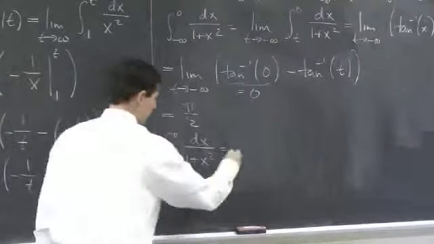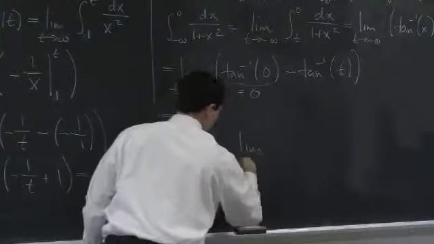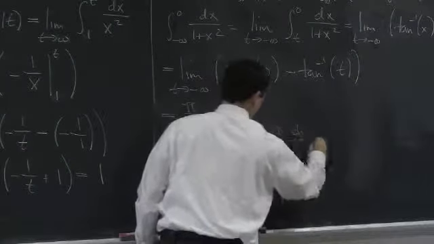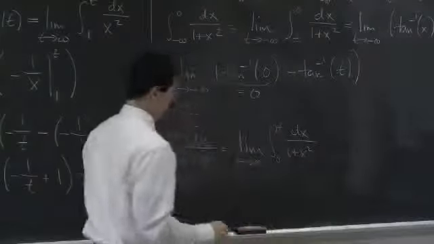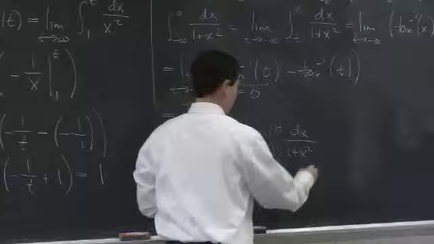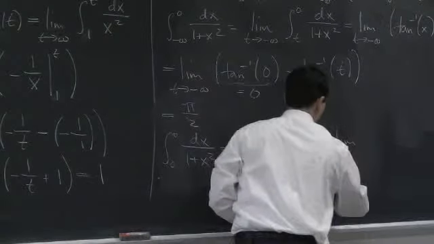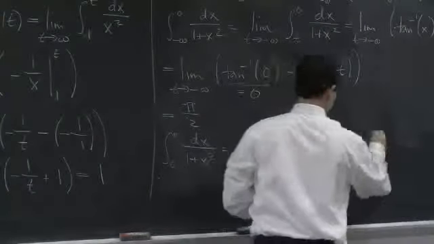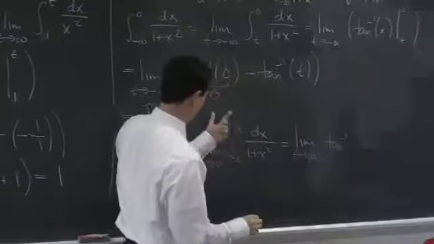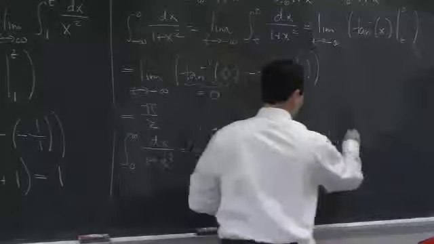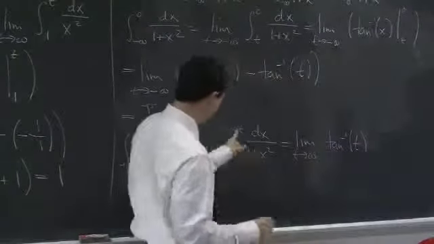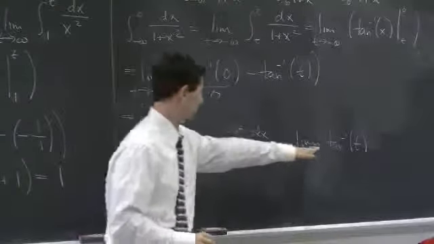Well, by definition, this is the limit as t goes to infinity of the integral from 0 to t of dx over 1 plus x squared. Everything is going the same, right? It's the same function, so when we integrate, it's all good. Limit as t goes to infinity, arctan of x evaluated at t and 0, only in the opposite order now. And we already know the arctan of 0 is 0, so we just get arctan of t.